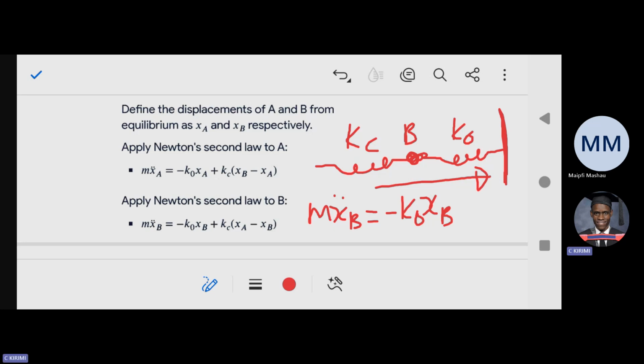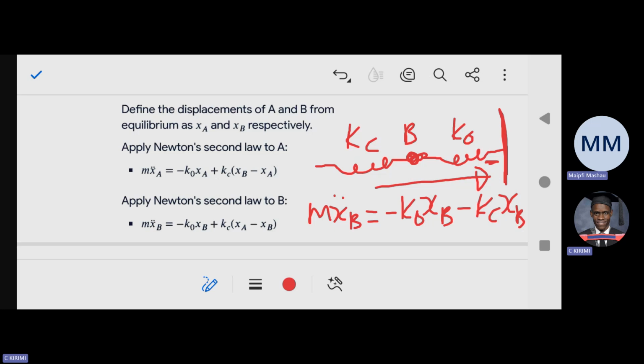It will also move in the same direction, which is minus Kc multiplied by the same displacement, X what? XB. It's also moving towards this side. So this is our negative side, because it's restoring force.